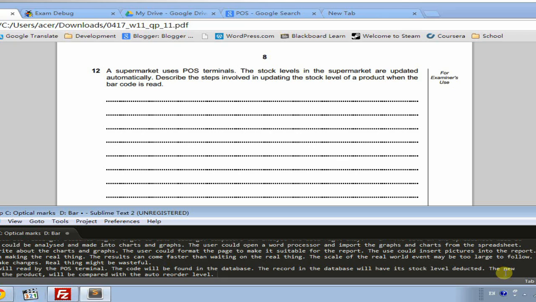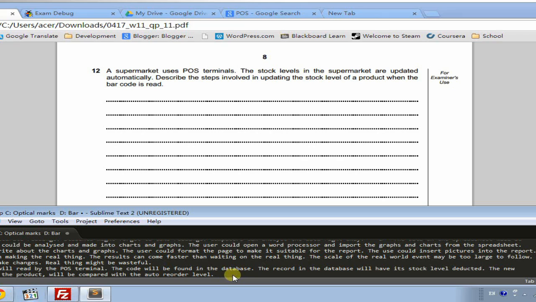For example, Coca-Cola, if there are only, let's say, 100 bottles of Coca-Cola left in the shop, then an automatic order will be sent to, well, either to the main terminal or to the Coca-Cola company, depending on the system's organization. But so there'll be a set number.